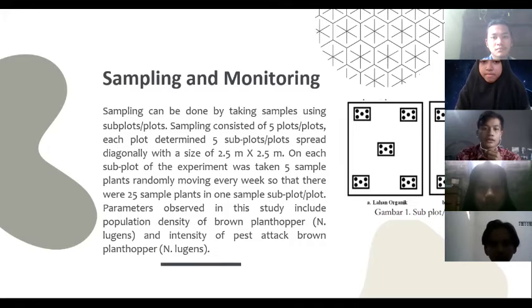On each subplot of the experiment, 5 samples were taken. Plants are randomly moved every week, so there were 25 samples per plot. Parameters observed in this study include population density of brown planthopper and intensity of brown planthopper attack.